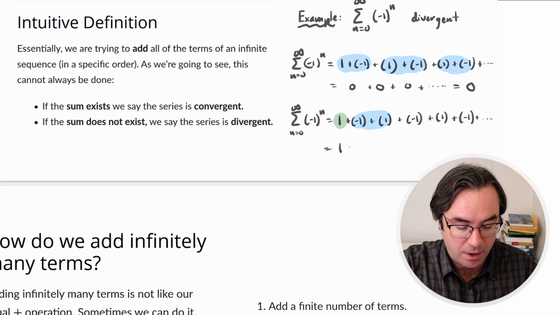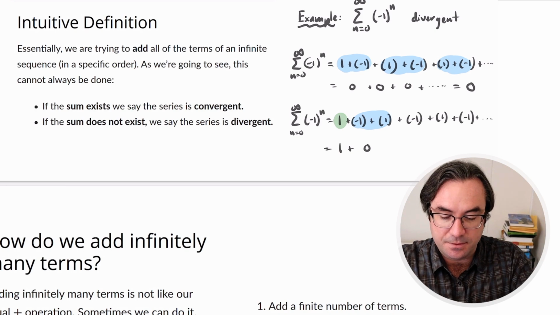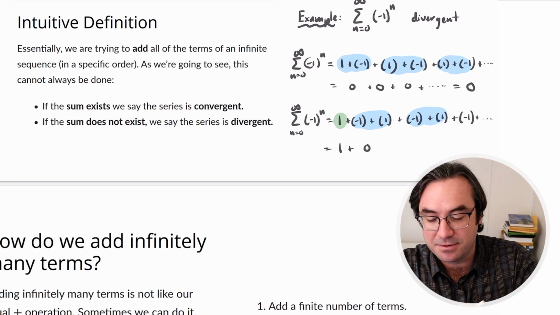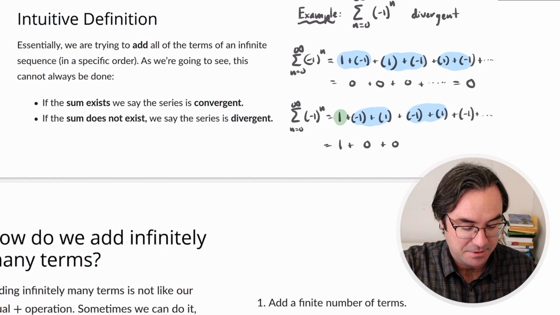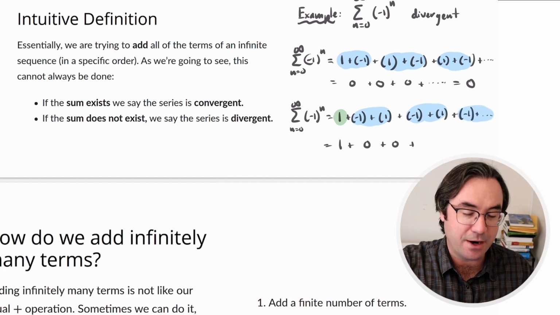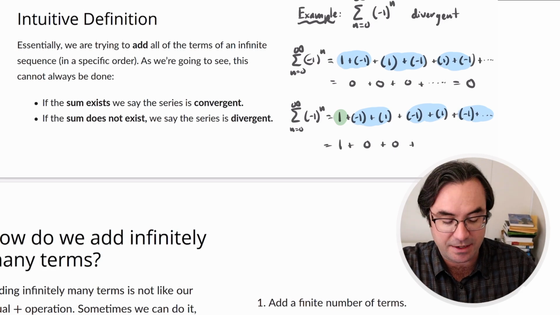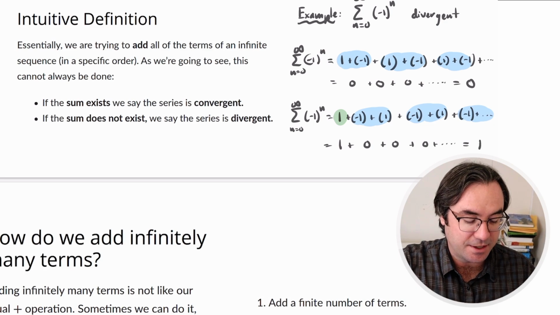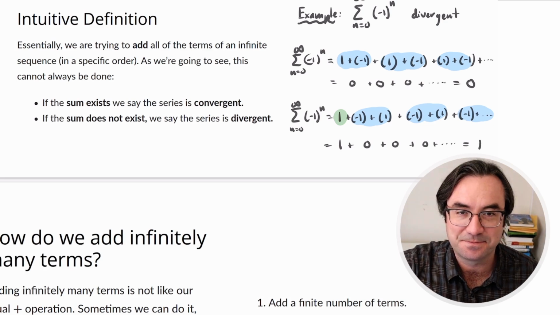So we're still going to have that 1, but then we get 0. And then if we add these together, you get 0. And then this -1 will be paired up, so that'll give us 0, and we add it to its next term. And then it just repeats. So it looks like we get 1 in this case.